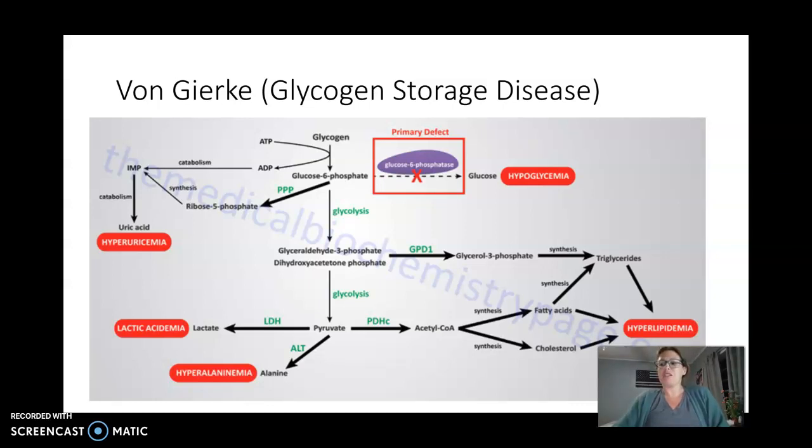So when glucose 6-phosphatase is lacking, the glucose cannot be released from the liver and into the bloodstream to normalize blood glucose levels, which would then lead to the fasting hypoglycemia on the top. The increased glucose 6-phosphate levels would also lead to increased pentose phosphate pathway, along with increased glycolysis to pyruvate and glycerol 3-phosphate.